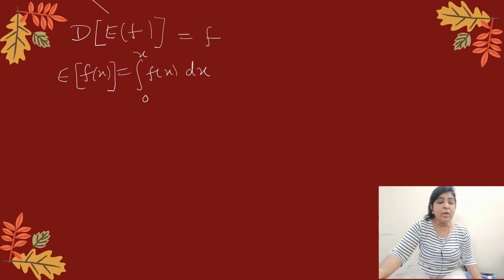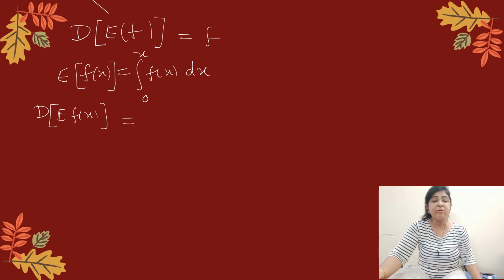So now if I find D of E of f(x), what will it be? It will be the integral, and differentiation goes, so you are left with f(x). So this implies D of E of f is equal to f is correct. So this implies C option is correct.